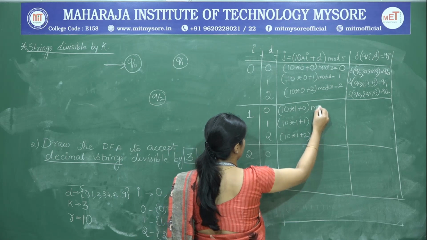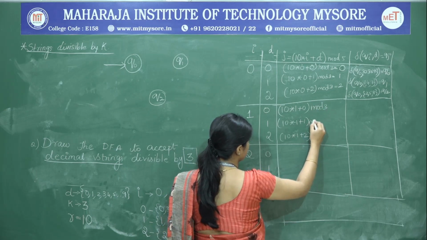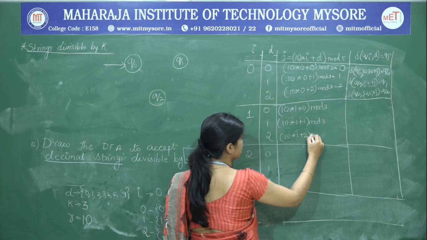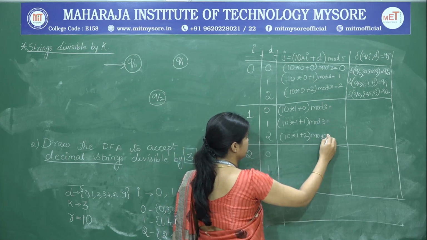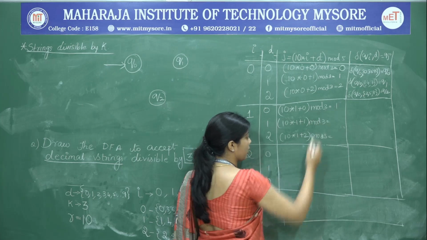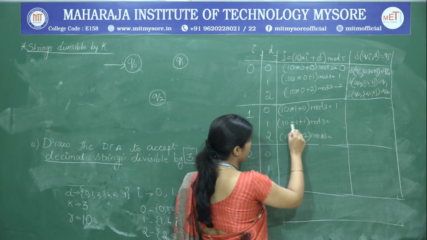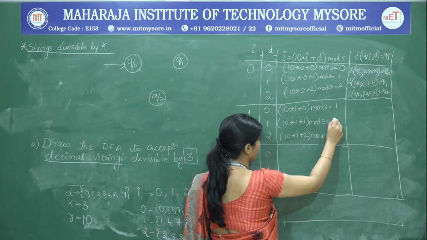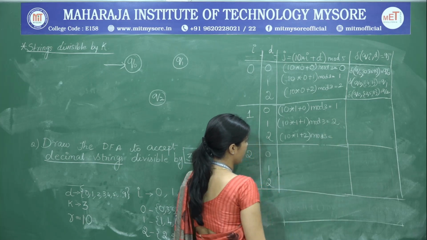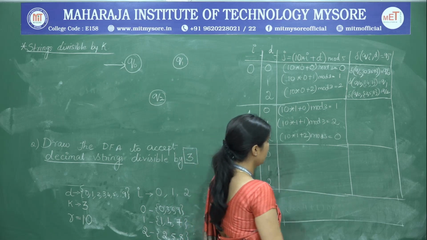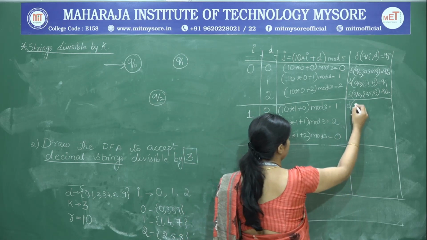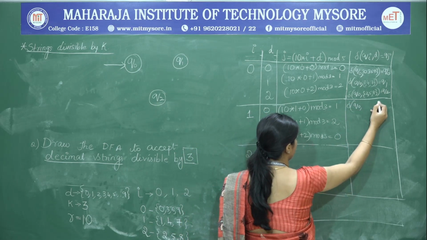This is mod 3 everywhere. 10 mod 3 is going to give us 1. Next, 11 mod 3 gives us 2. Next, 12 mod 3 gives us 0, because 12 is exactly divisible by 3. So we will complete the transitions in a similar way.